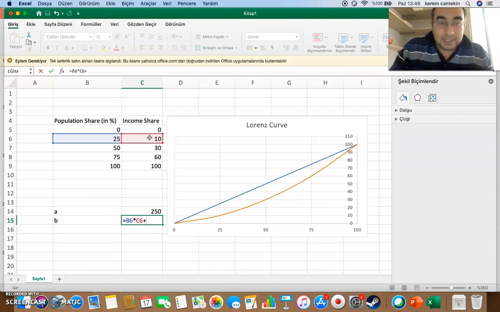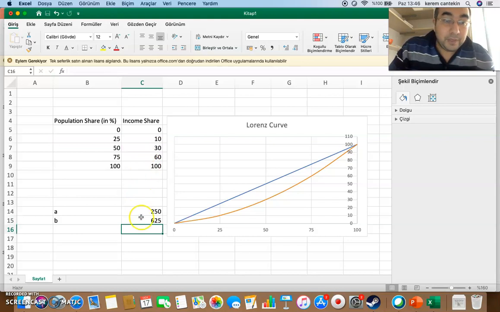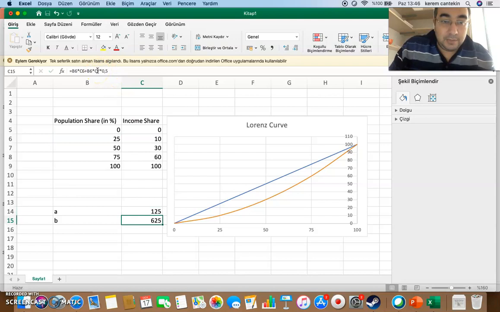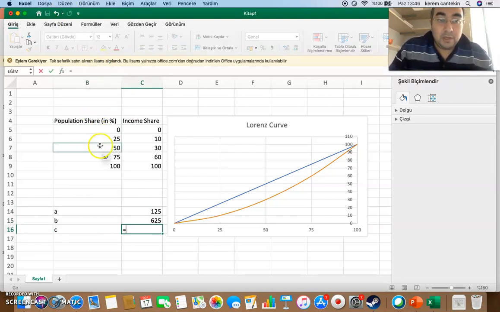But anyway, plus next 25%, this is this triangle, times share of the second group, 30%. But now I should multiply this with 0.5 since this is a triangle. So this should also be multiplied by 0.5 since this is a triangle. For the C, we get exactly the same formula. 25% times share of the previous group.